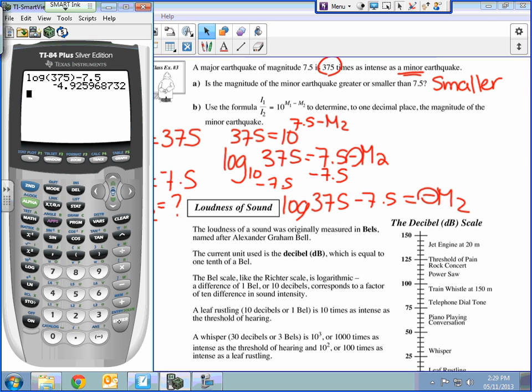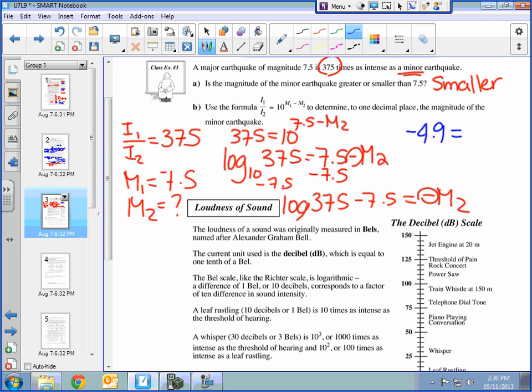Good. Because you're going to have a negative 4, what does it say, to the nearest 1 decimal place? What would I round this to? 1 decimal place. Yeah, negative 4.9 is equal to what? Positive or negative M2? Negative M2. Yeah, so 4.9 is equal to M2.